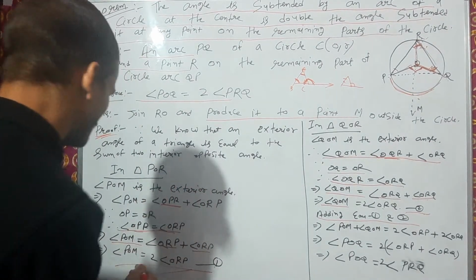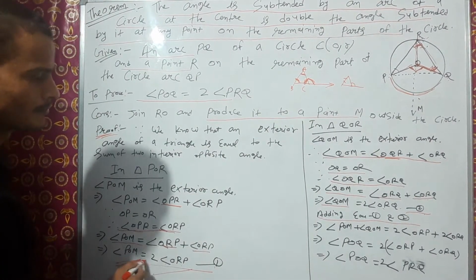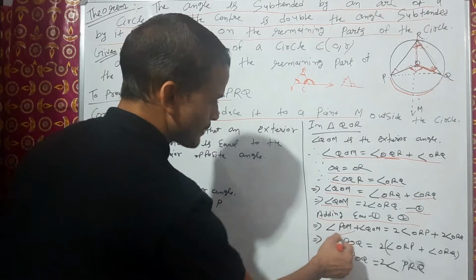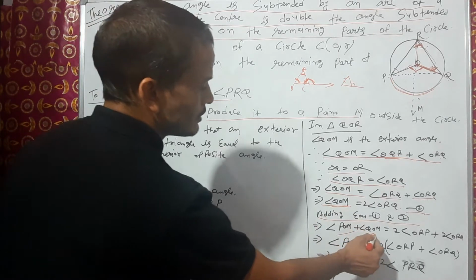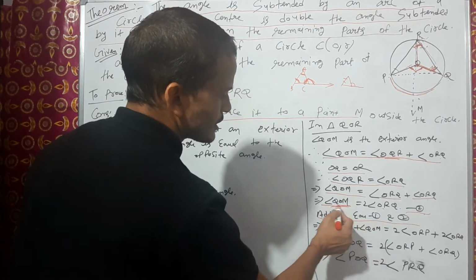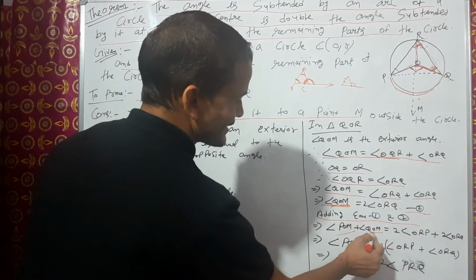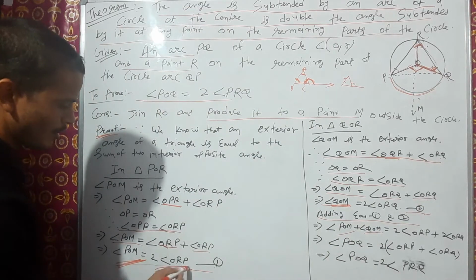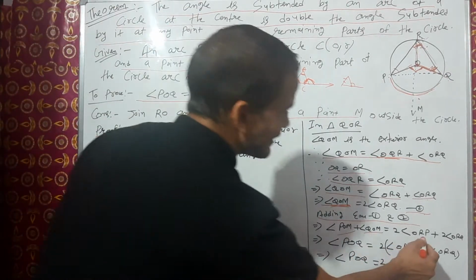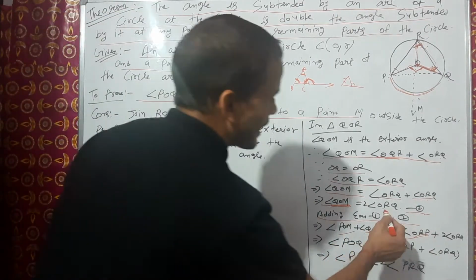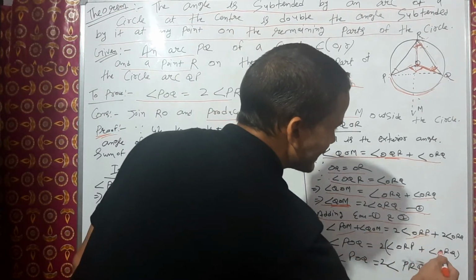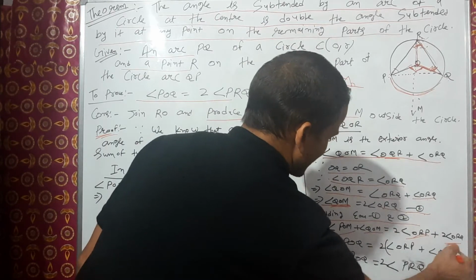So the LHS of equation 1, POM, is added to the LHS of equation 2, and the RHS of equation 1 is added to the RHS of equation 2.